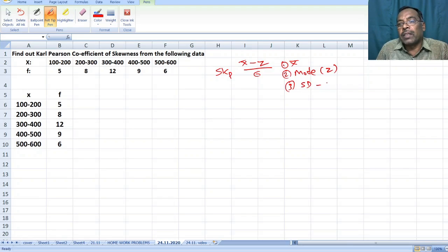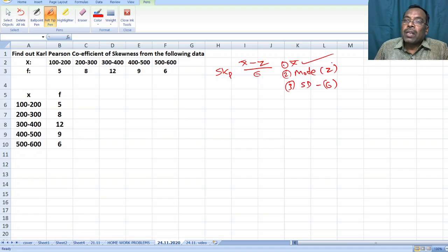The symbol is this one. After finding these 3 values, then you have to find out skewness.